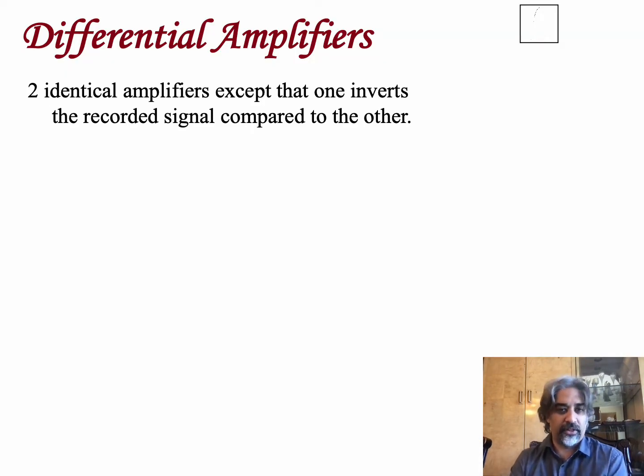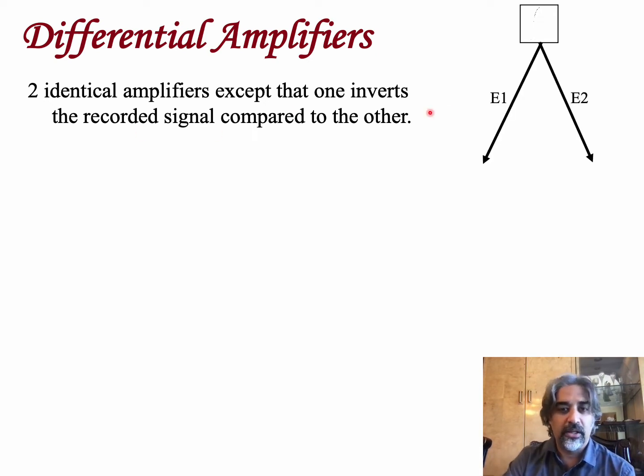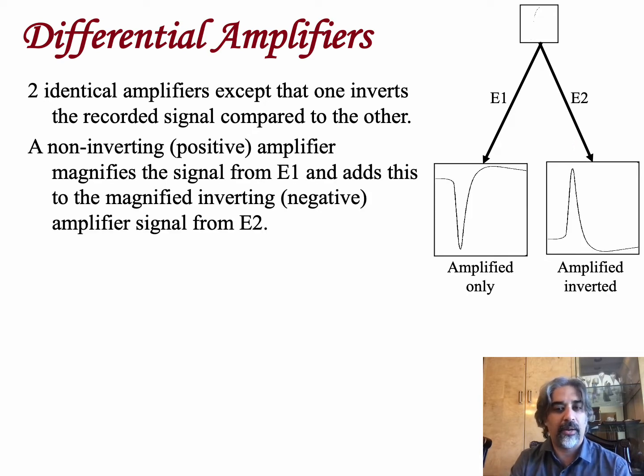So let's talk about differential amplifiers. A differential amplifier is basically two identical amplifiers, except that one is inverting the recorded signal and the other is keeping it in the same orientation. So if we had two electrodes seeing the exact same thing at the exact same time, one would be amplified, one would be amplified and inverted.